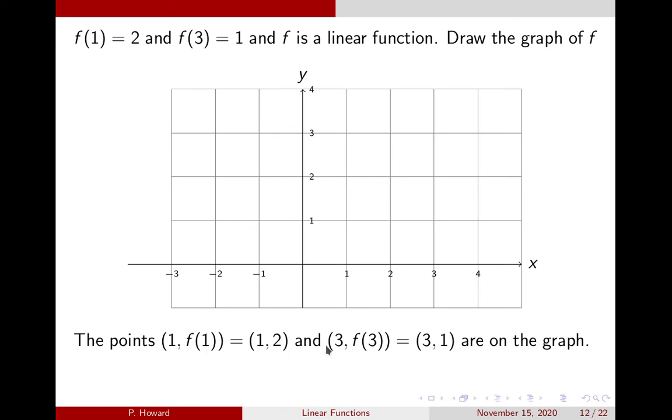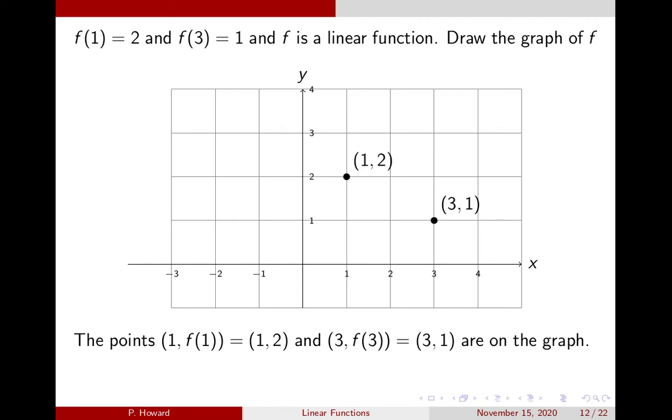And the point 3, f of 3, is on the graph. In other words, the point 3, 1 is on the graph. So knowing that f of 3 equals 1 tells me that the height of the graph above 3 is 1. That would be the point 3, 1 on the graph.